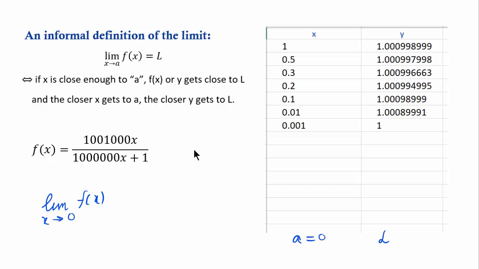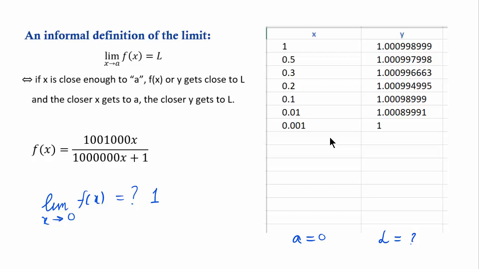And we're seeking the limit L. We see that as x approaches 0 until a pretty small number, 0.001, y approaches the number 1. So it seems to be that the limit of y as x approaches 0 is 1, according to this definition. So is it 1? In fact, it's not, and the limit is not 1, but 0.